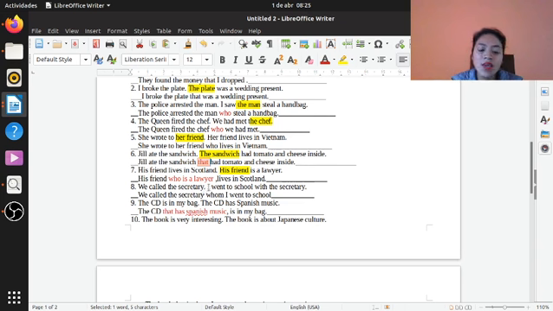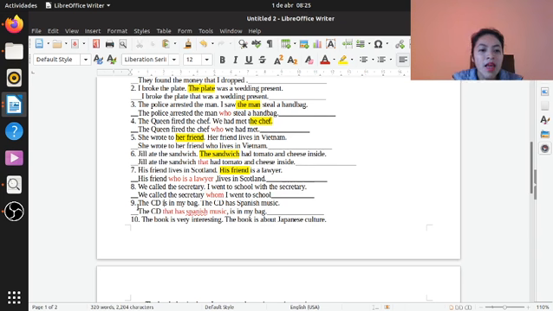Remember yesterday we used who and whom for the person, but we use whom for the object of the sentence, right? Then the sentence is going to be like this. We call the secretary whom I went to school with, right? Whom because it's a person and is the object of the sentence, right?